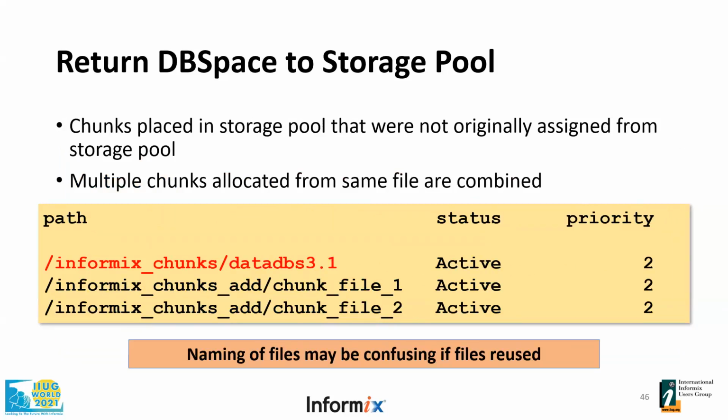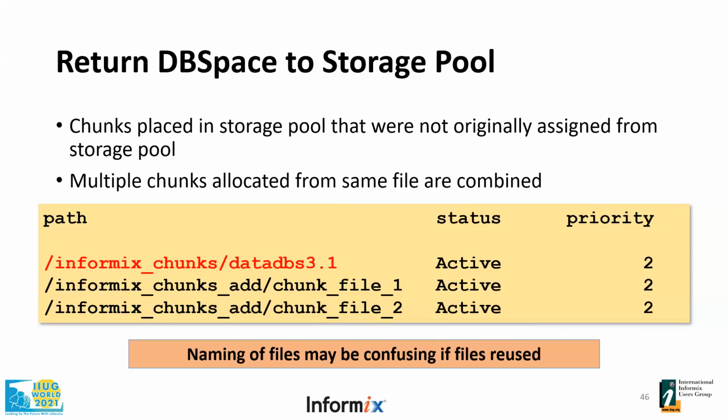So that's all great and everything, except what gets confusing is if we created some of those chunks and we named them handy names to indicate the DB space they were attached to, those get put back into the storage pool along with the names that were originally assigned, of course. So here's a case where I dropped a DB space back to the storage pool. That DB space was data DBS3.